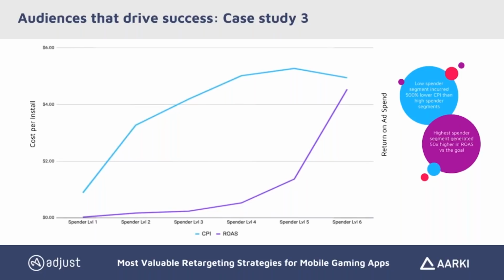If you're trying to reactivate everyone who's been active, you're potentially wasting effort on retargeting users who hadn't spent, and it's going to be much harder to convert a non-spender into a spender. If you're focusing only on your high value users, high spenders, your potential to scale is going to be very low.